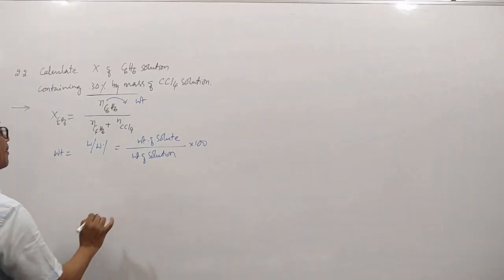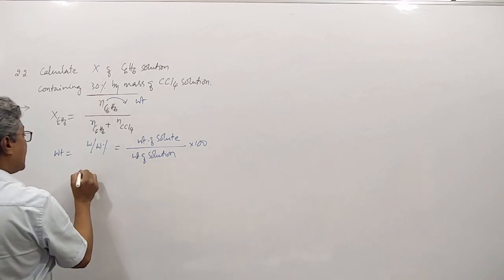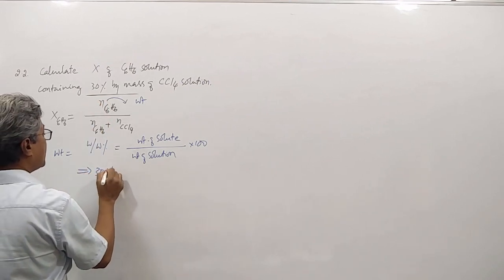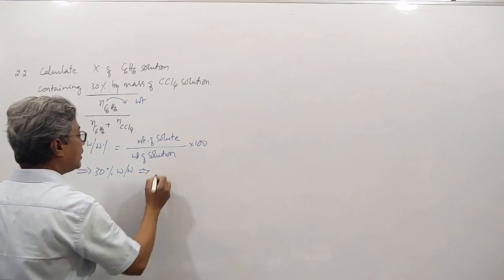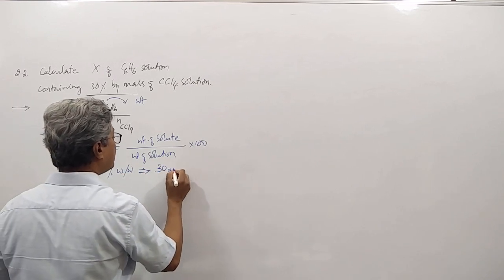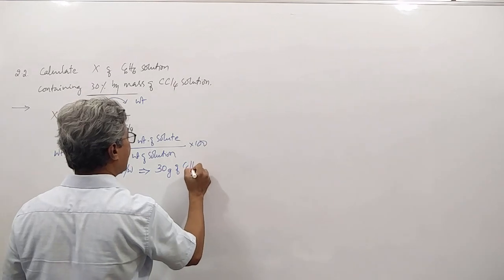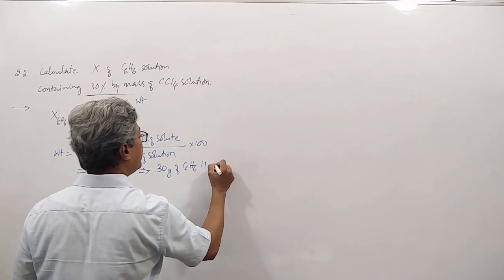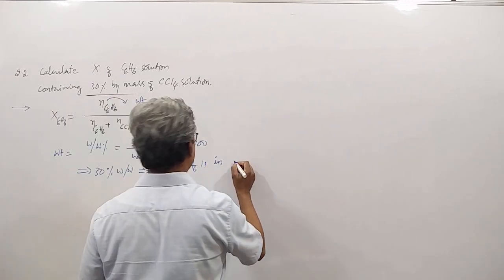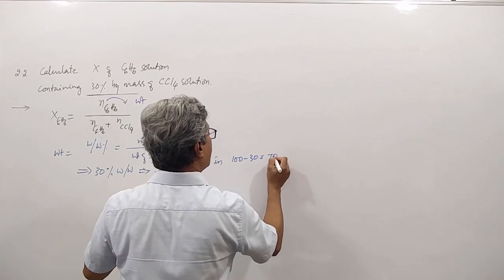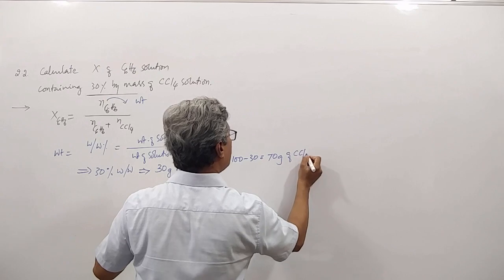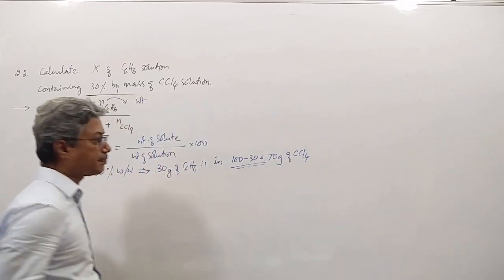Okay. This implies that 30% weight by weight means 30 gram of C6H6 is dissolved in how much? 100 minus 30, which is equal to 70 gram of CCl4. Remember this, students.